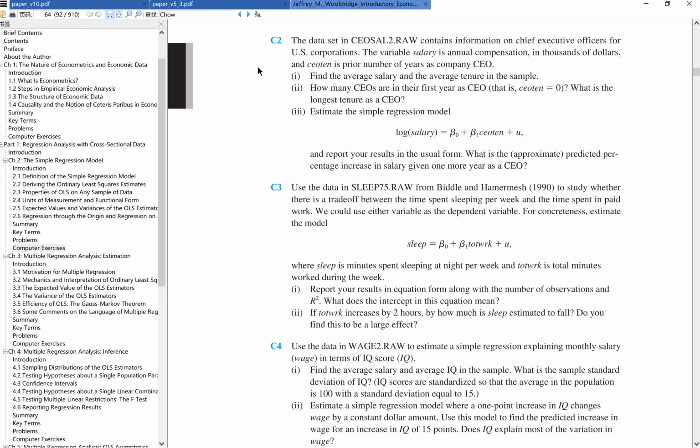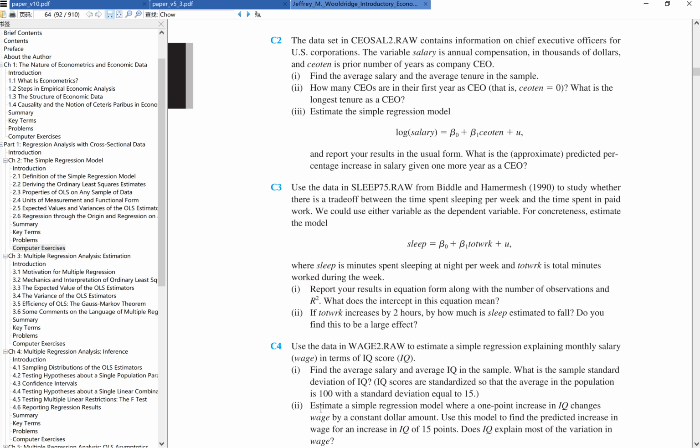And the first question is C2 here, right? So we have data, which is called CEO salary 2. It contains information on chief executive officers for US corporations, and the variable salary is the annual compensation in thousands of dollars, and CEO tenure is the prior number of years as company CEO.